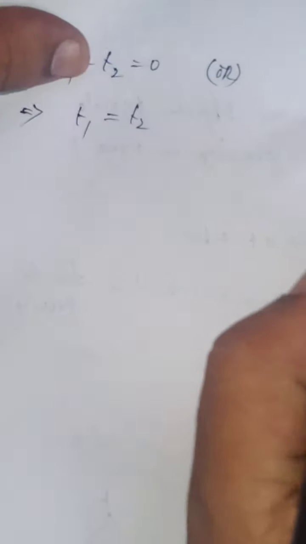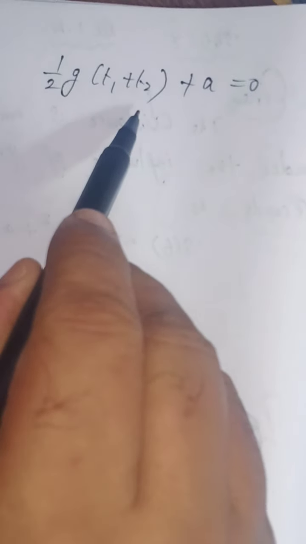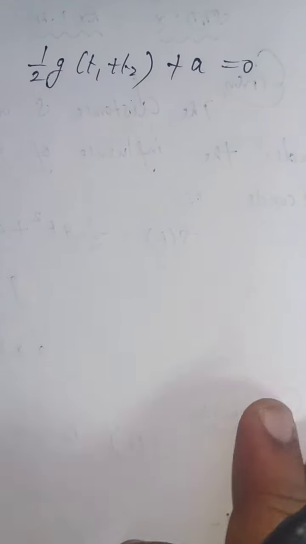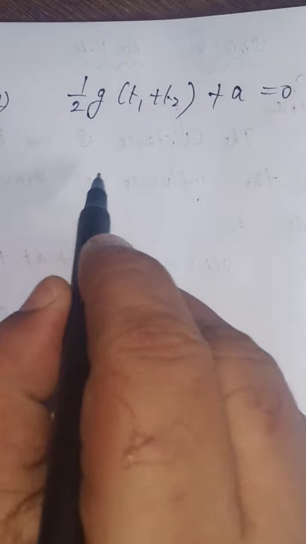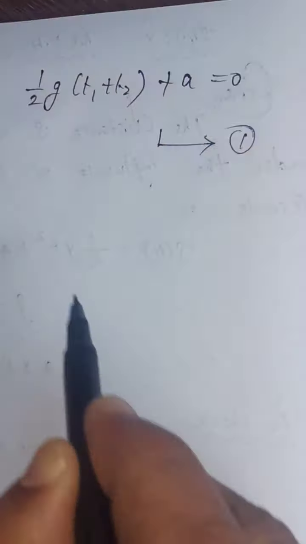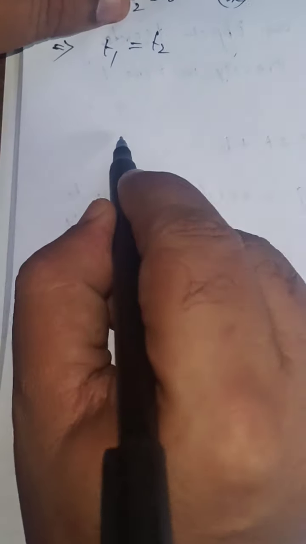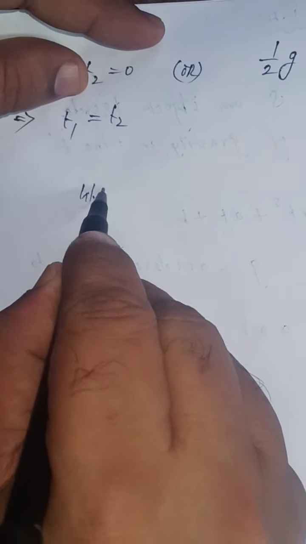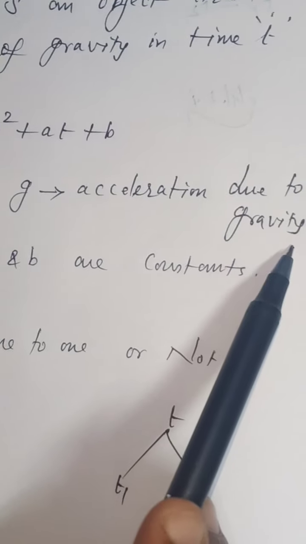But this is possible. Why, sir? How is it possible? Listen carefully, it's an important note for you. Here I consider this as equation number 1. We know that in the question, what about the g? Acceleration due to gravity.